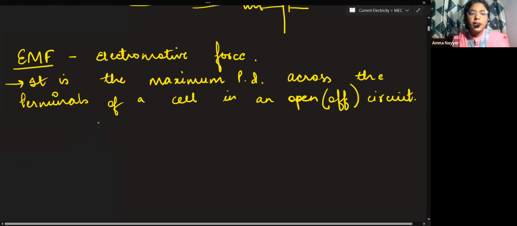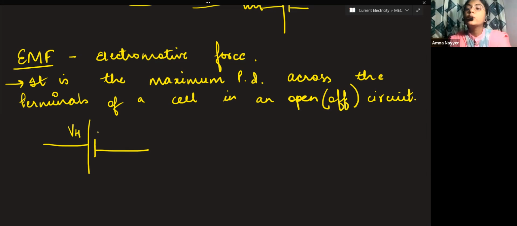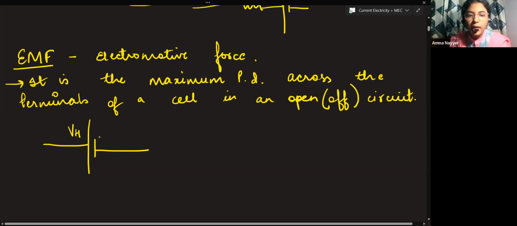If I say this is a cell, this longer line represents the positive terminal of the cell. Positive terminal means that this is always at higher voltage. And this shorter line shows that this is the negative terminal of the cell. So negative terminal, here the voltage will be low, so it will be having lower voltage.